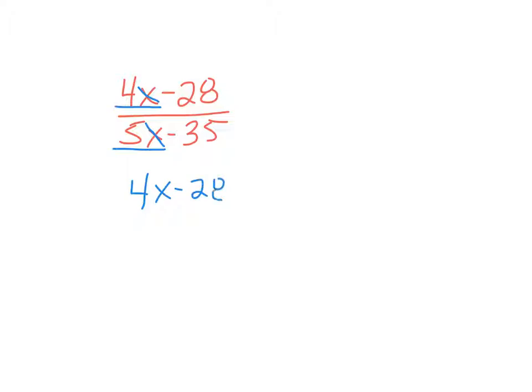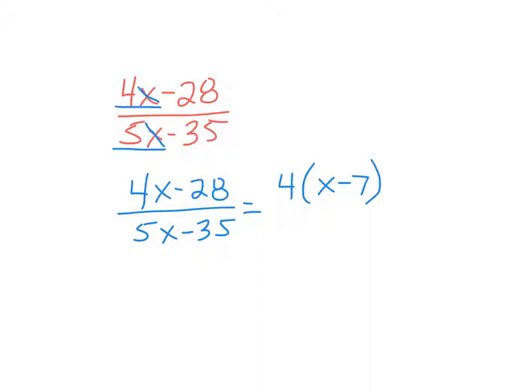4x subtract 28 over 5x subtract 35. Now I'm going to factor each one of these. If I factor the top, I can factor a 4 out of both of those terms, which leaves me 4 times x minus 7 in parentheses.